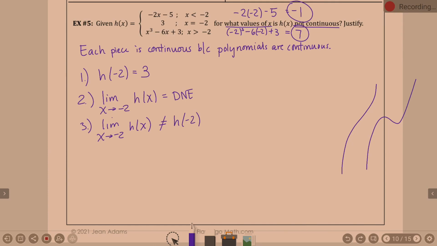So these right here are the two justifications that this is not continuous. Conclusion: h of x is not continuous at x equals -2.